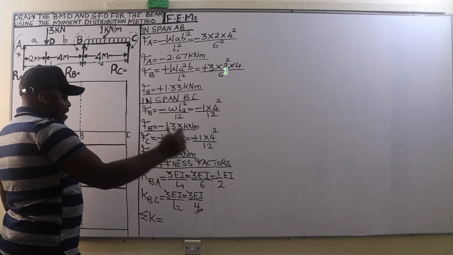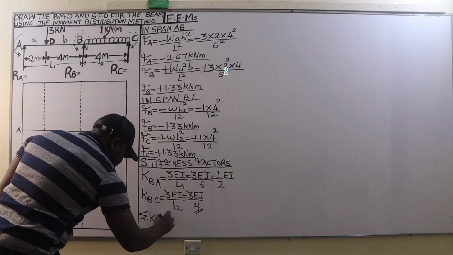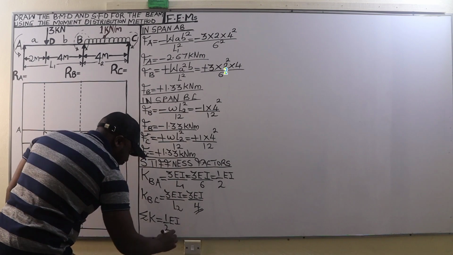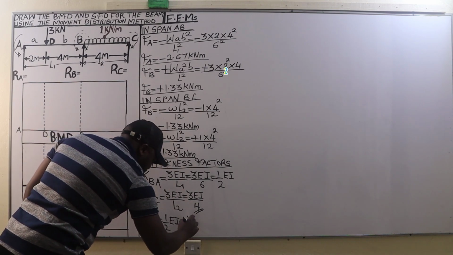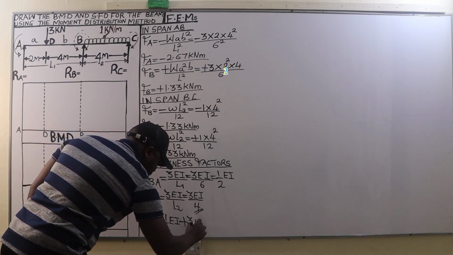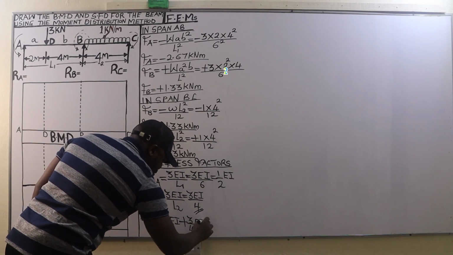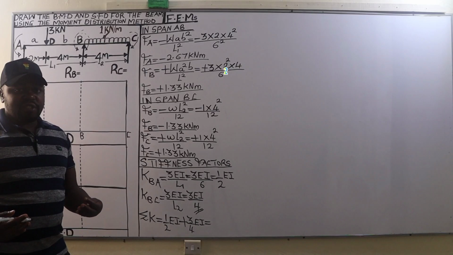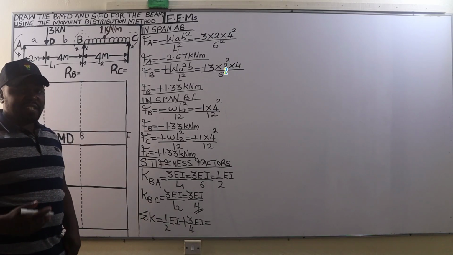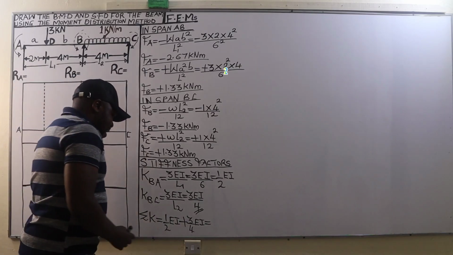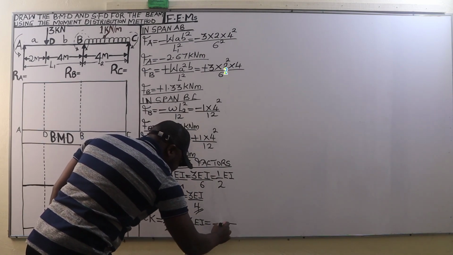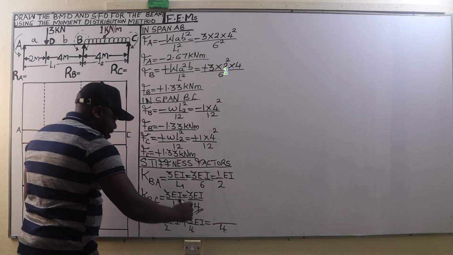Now, the summation of the stiffness factors, that is summation of K, is going to be a half EI plus 3 over 4 EI. The reason why we need the summation of the stiffness factors is because we are going to use it when we are determining the distribution factors. This is going to give us an LCM of 4.